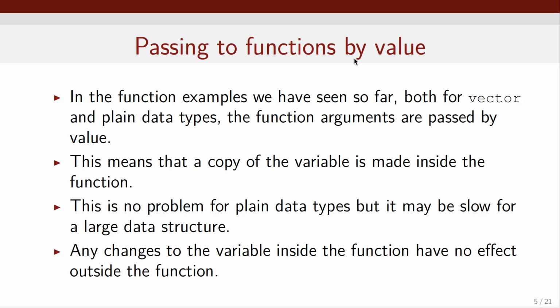This means that a copy of the variable is made inside the function. In general, this is not a problem for plain data types, but it may be slow for a large data structure, like a very large vector or a very large array. And any changes to the variable inside the function have no effect outside the function.